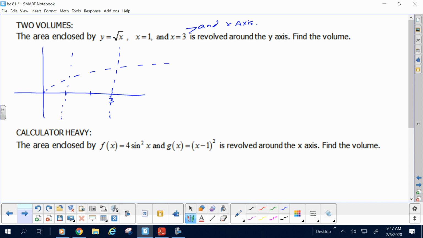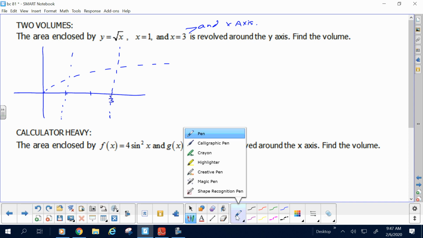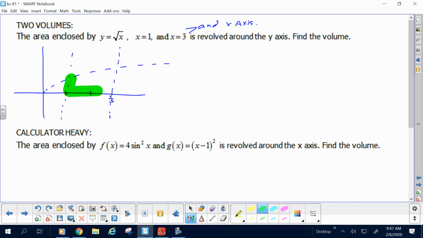So the region enclosed by those two vertical lines, the square root curve and the x-axis is here, right? And it's revolved around the y-axis. So around the y-axis, it would look like this, yay?